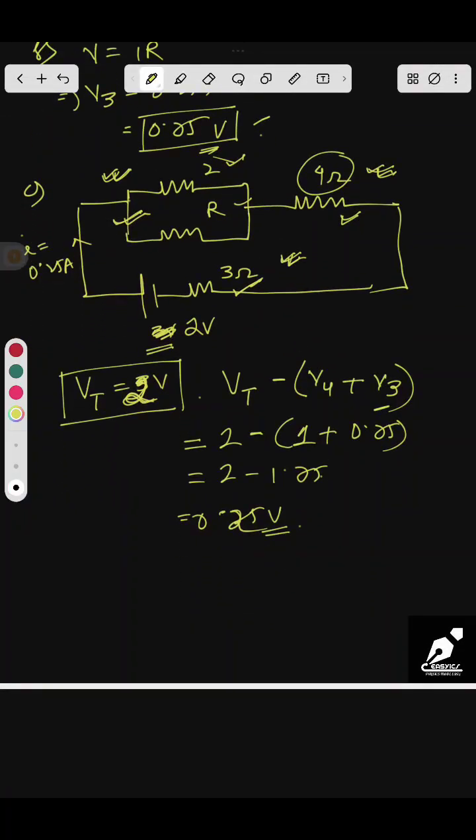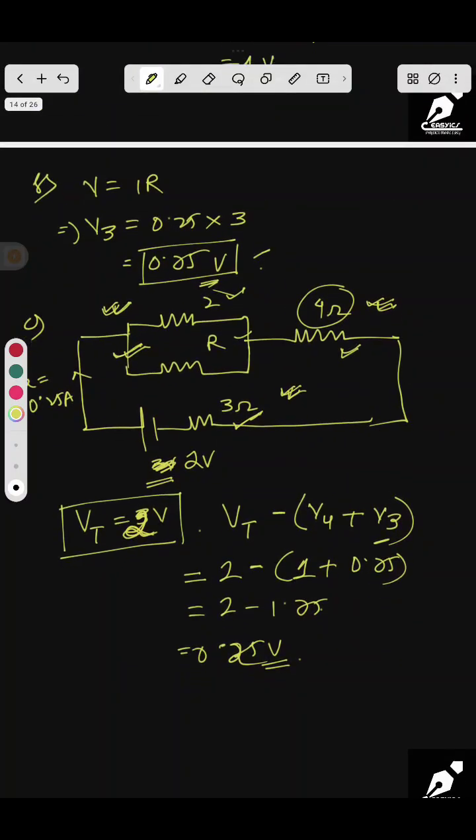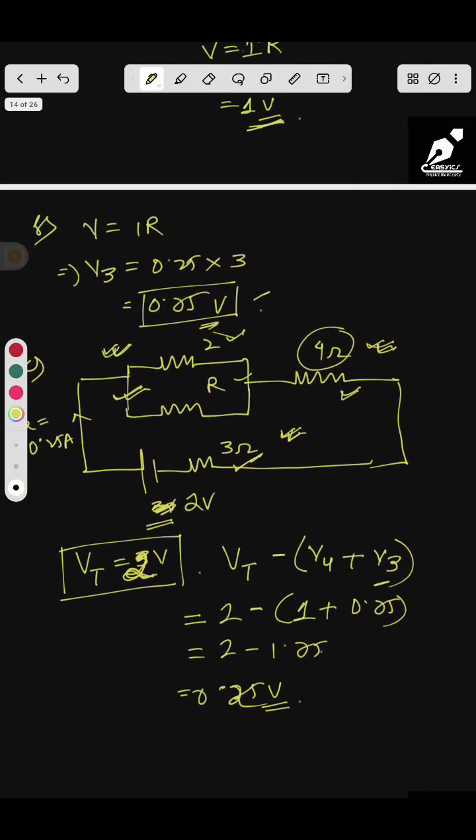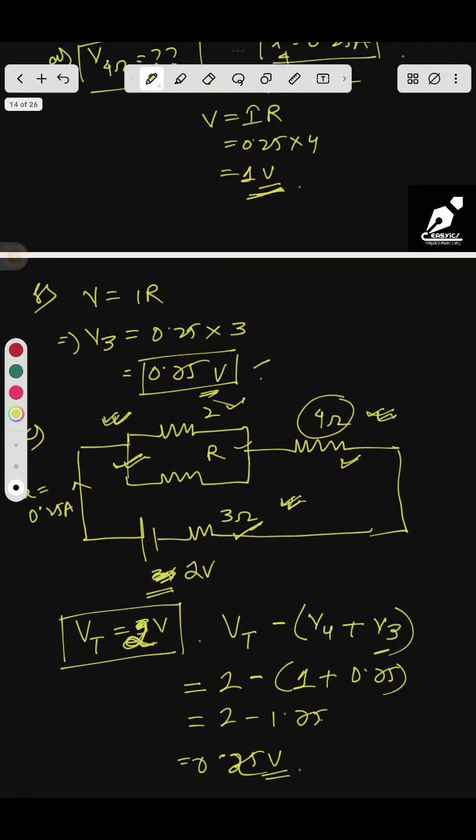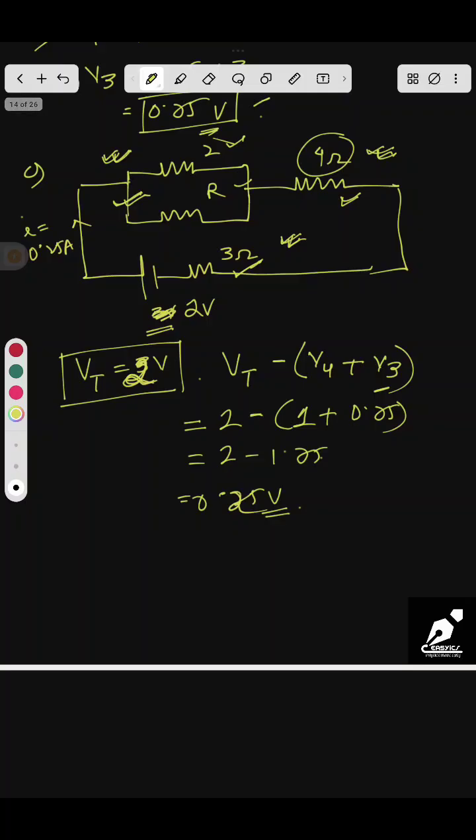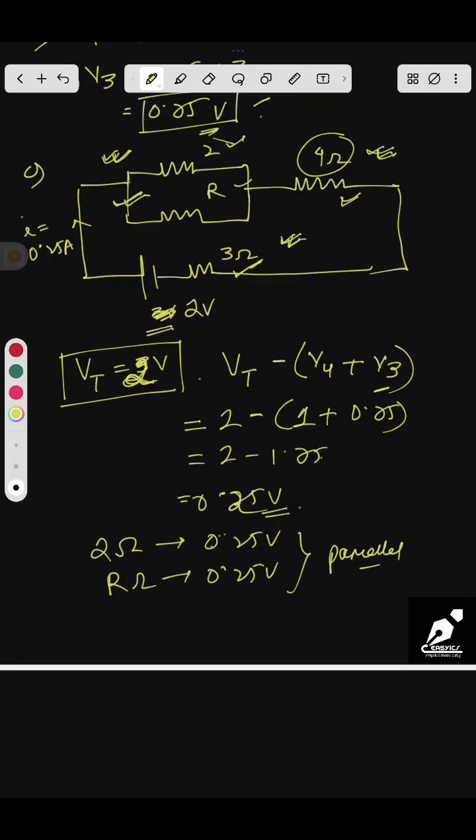I wrote 3 volt in place of 2 volt for the entire battery. I rectified my mistake. So that is the potential that will be consumed by the combination of 2 and R. So the 2 ohm will consume 0.25 volt. R ohm will also consume 0.25 volt because they are in parallel and hence they will be having the same potential. Clear? Okay.